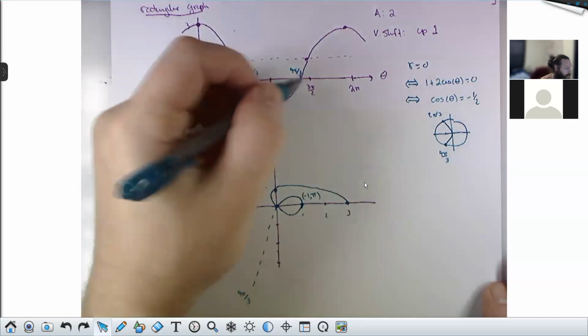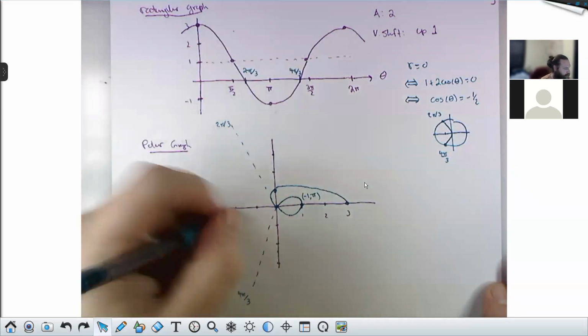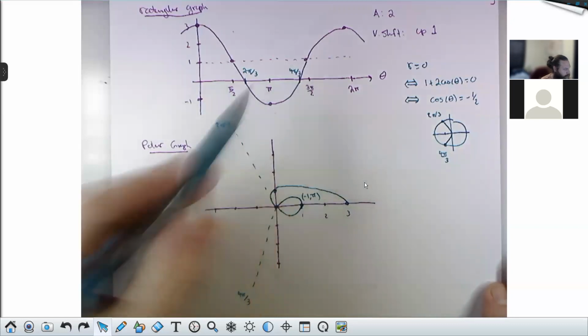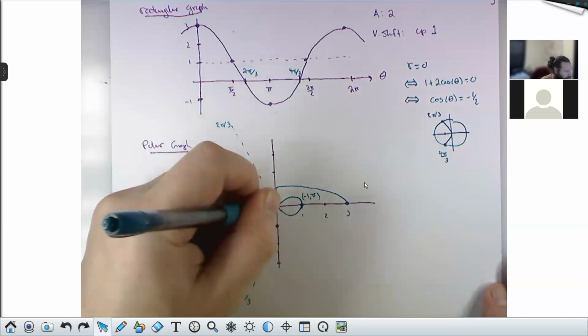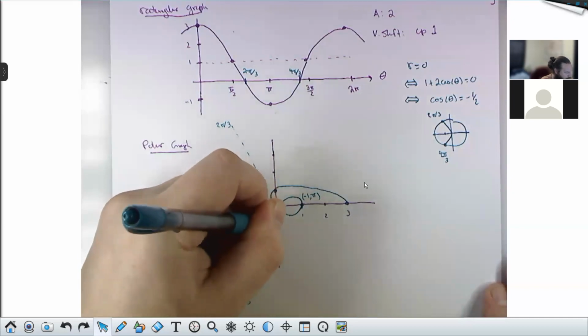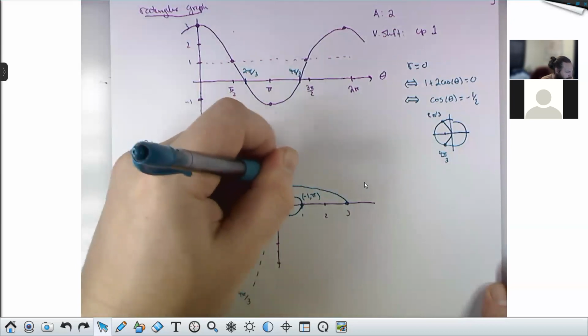And then as we rotate past 4 pi over 3, past this ray, r is positive again. When we get to 3 pi over 2, that's straight down. r is going to be 1. So here's the polar point 1, comma 3 pi over 2. This guy was 1, comma pi over 2.